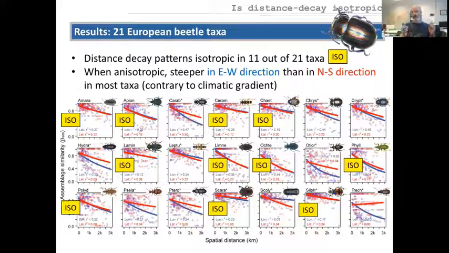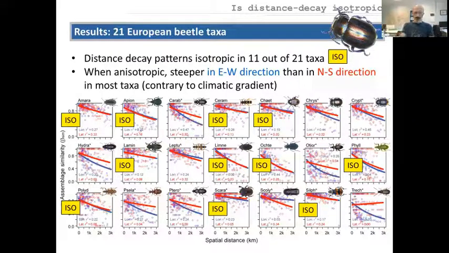This is very interesting, as Carola has introduced in her first talk, because we have a lot of different beetle groups, so we have statistical power to compare why anisotropy changes from one beetle group to another.